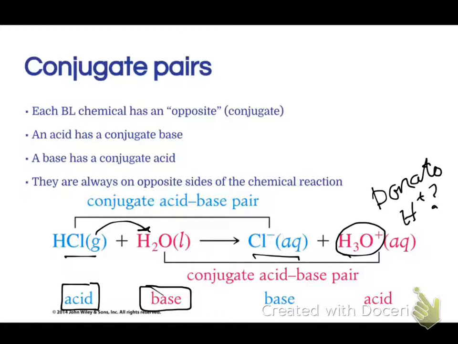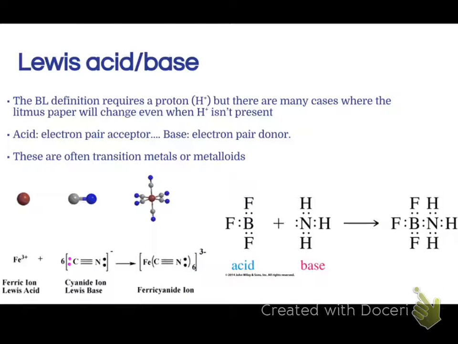Or from the base, the H2O, to get to its conjugate acid, all you've done is gained a hydrogen. Okay? It's important to be able to identify conjugates, so you might want to practice that with different acids and bases.